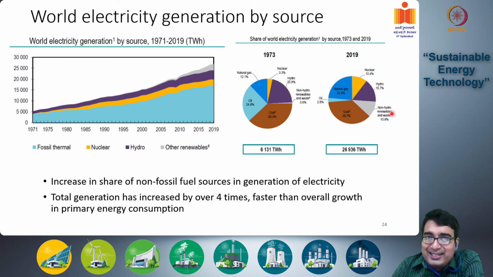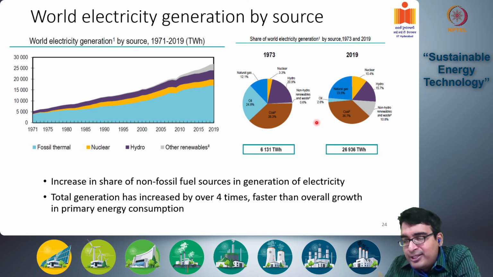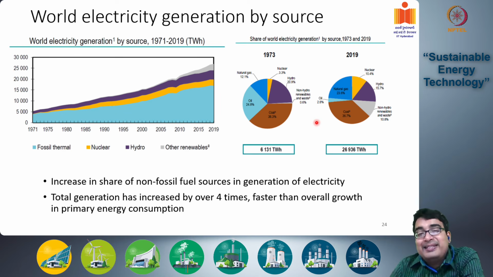So as you can see, if you look at the electricity sector only, renewables have made a significant contribution, going from nothing in 1973 to over 11%, and now it will be around 14-15%. And this growth has happened primarily from around 2008 onwards.